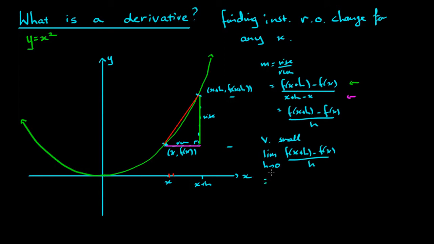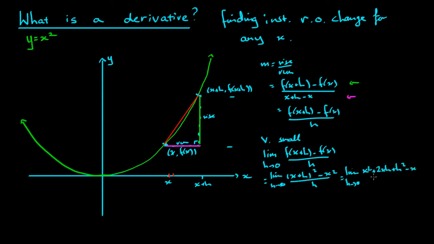And we can expand this out. That's the limit as h approaches 0 of (x+h)² take away x² on h, which is equal to the limit as h approaches 0 of x² + 2xh + h² take away x².